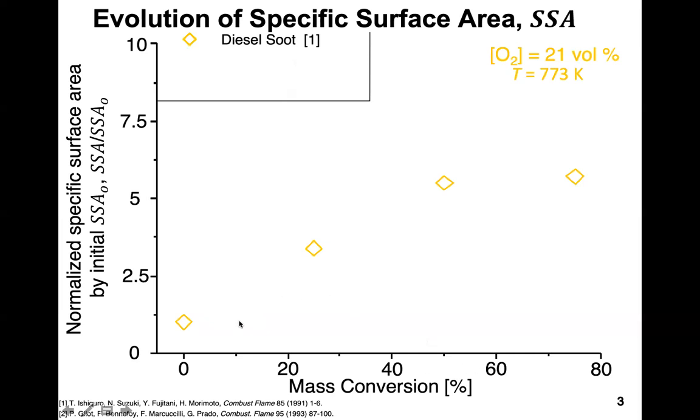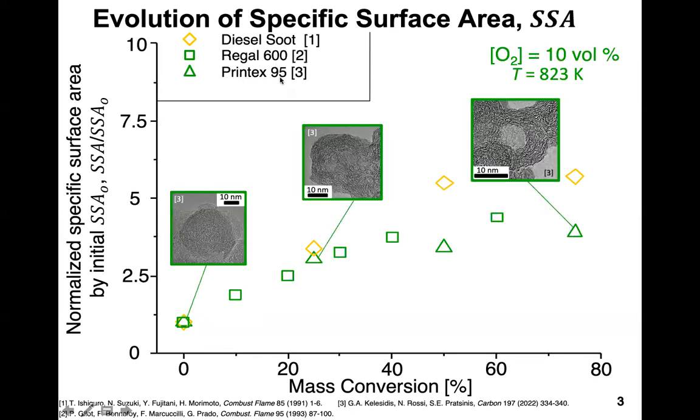In particular, these data come from low temperature oxidation of diesel soot. And I'm also including data coming from commercial carbon black grades, including the Regal 600, as well as the Printex 95. The specific surface area has been normalized based on that measured before oxidation starts.